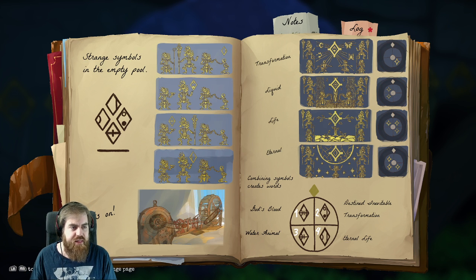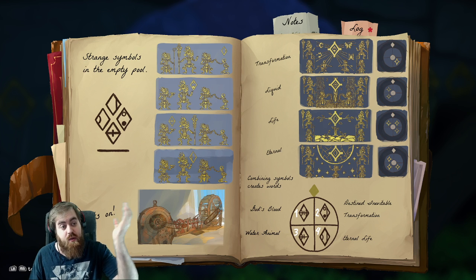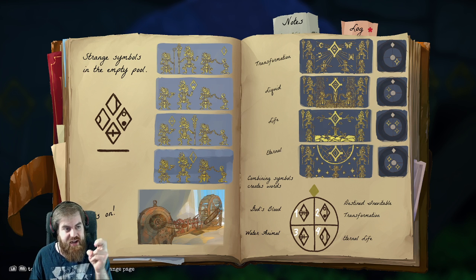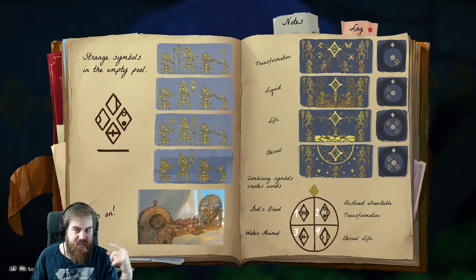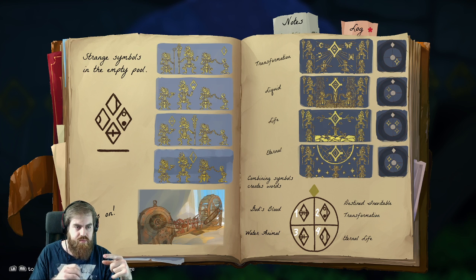Originally I thought that I needed to put everything to the north except for the one that doesn't fit. So like liquid, life, and eternal, place them all at the top, and then the transformation just place it anywhere else so that it doesn't count. But that didn't work. So then I tried having life being the first symbol.